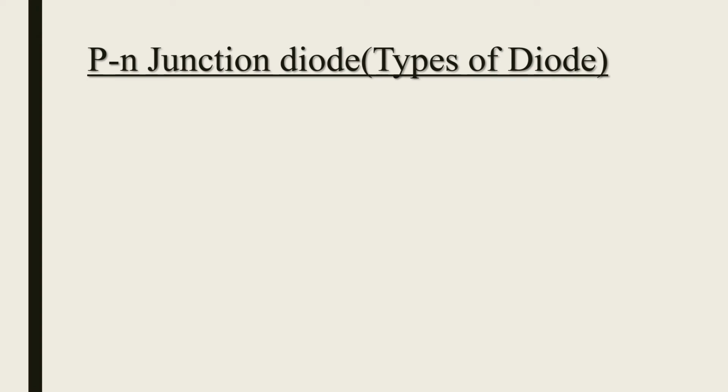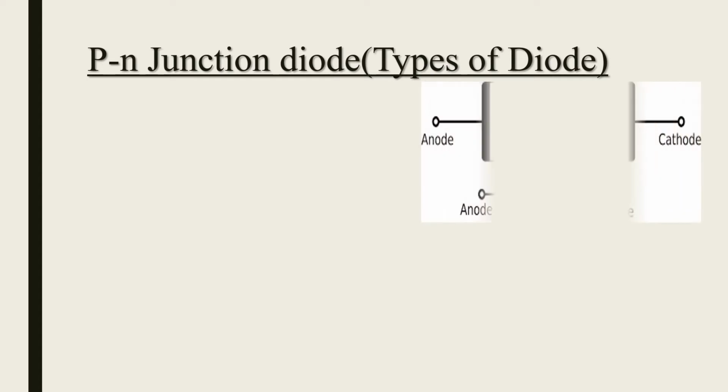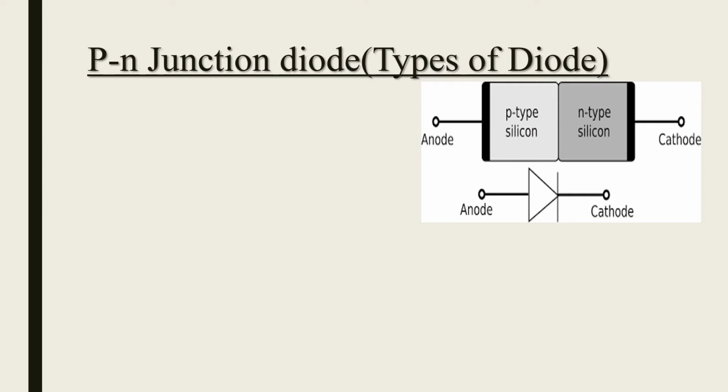Now come to what a PN junction diode is. It is also a type of diode and this is the simplest form of the semiconductor diode, and this figure is the basic figure of a PN junction diode.